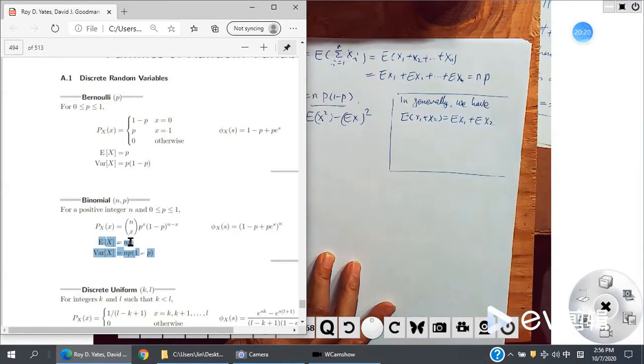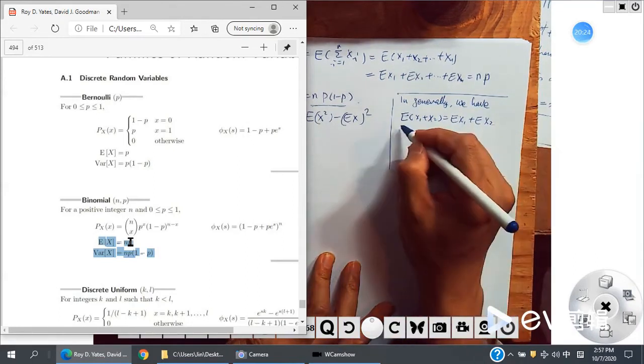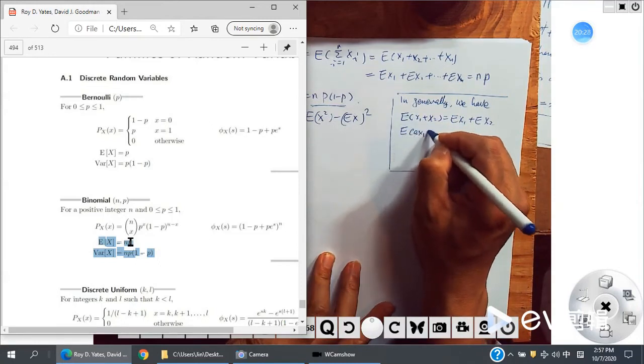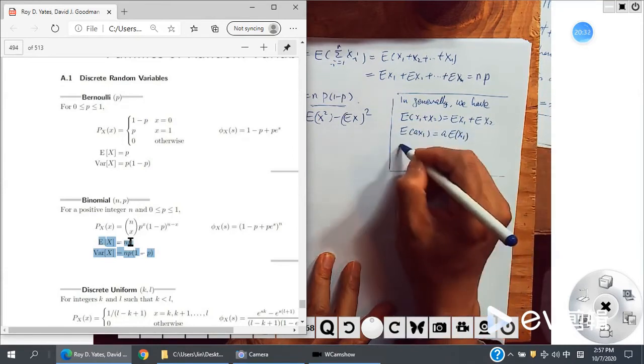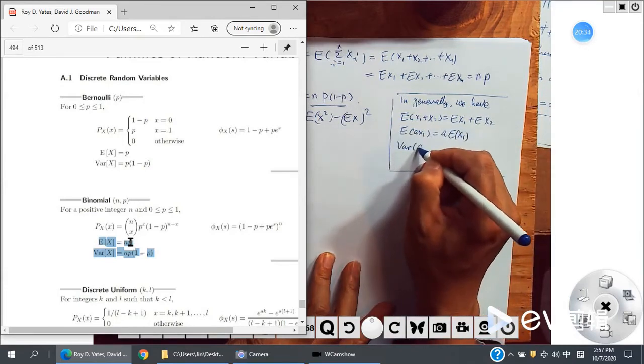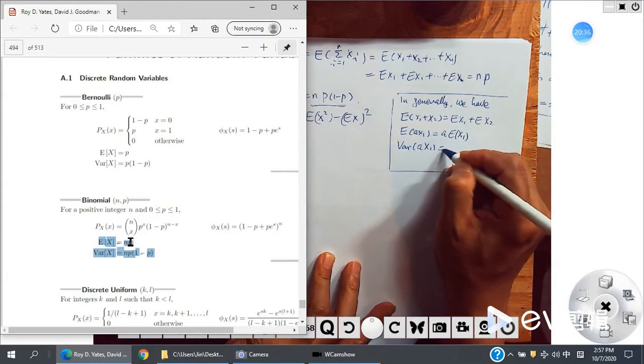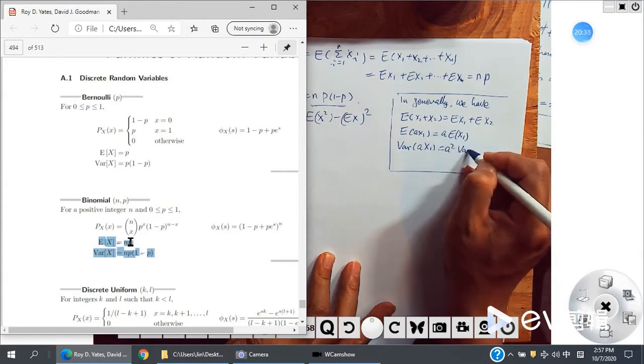This doesn't matter whether they are independent or not. We always have this. And E of a x1 equals a E x1, and the variance of a x1 equals a squared variance of x1.